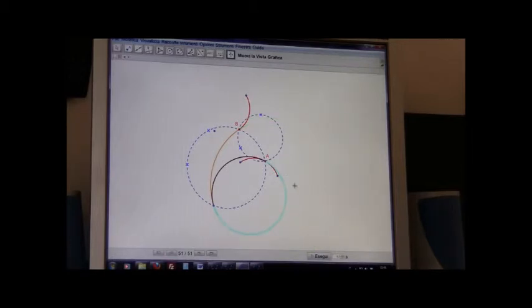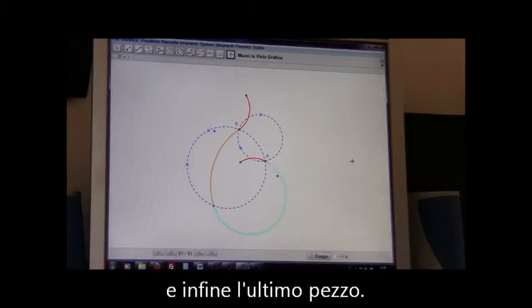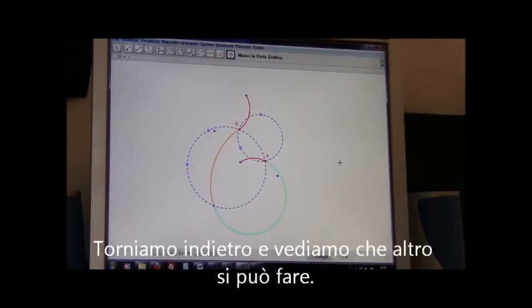Okay, now we go along the blue one, so I get rid of the brown one, and then this bit here. So this is what we have. We have a polycentric curve with smooth connections in B, in this point that we can call P, and in A. So let's go back and see if we can do something else.